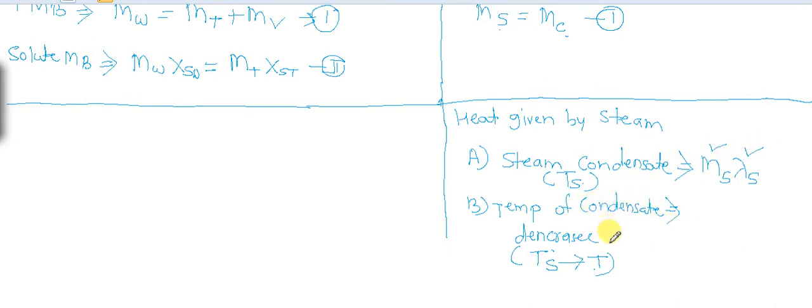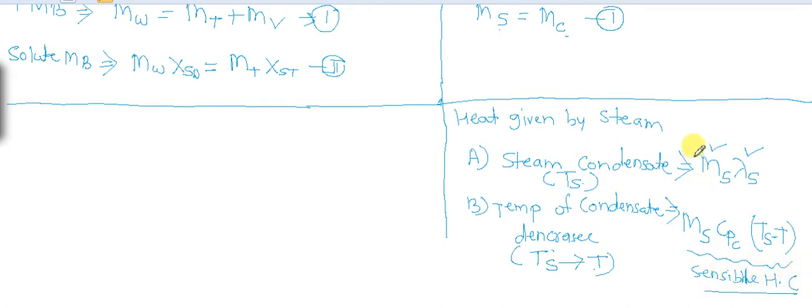And when the condensate temperature decreases from Ts to T, the heat given is calculated by the equation Ms into Cpc, that is the heat capacity of condensate, into the temperature difference Ts minus T. This is the sensible heat change, while the first is called the latent heat change.